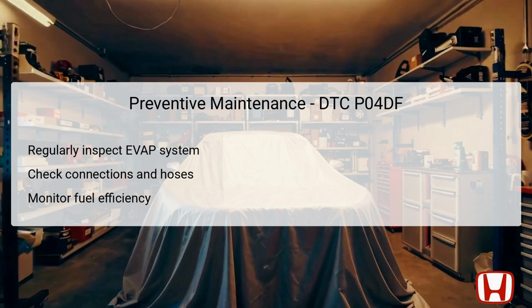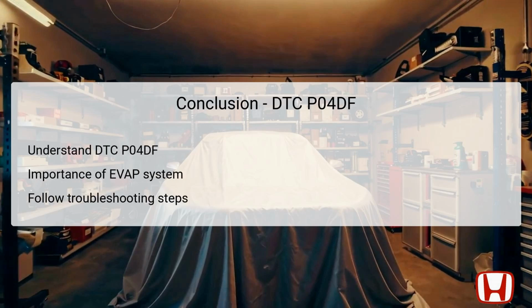By committing to preventive maintenance, vehicle owners can help mitigate the risks of facing similar DTCs and prolong the lifespan of their emission systems. In conclusion, understanding DTC P04DF and its implications is crucial for the effective maintenance of the Honda Odyssey's EVAP system.